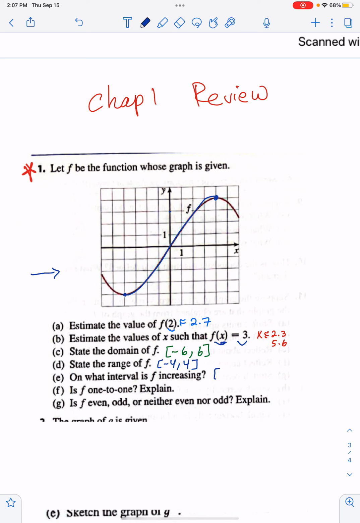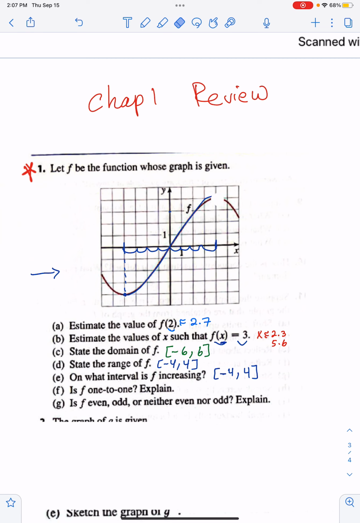I'm going to use closed. Anytime I say find on what interval f is increasing, you would just go along the x-axis. So that would be 1, 2, 3, 4. That's -4 all the way to +4 with the interval notation.